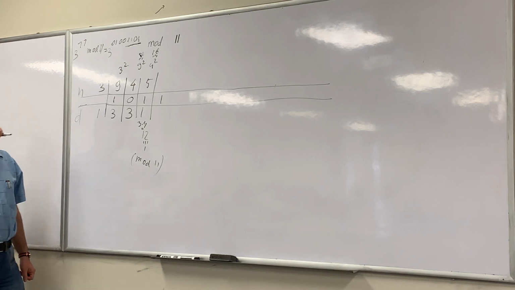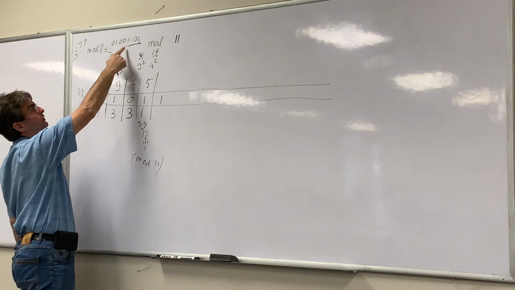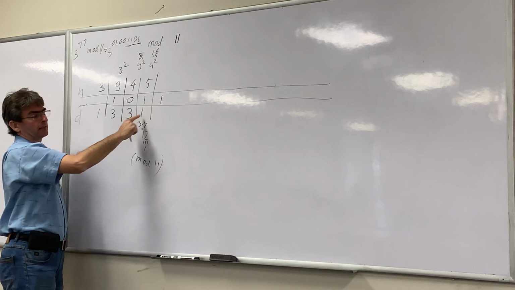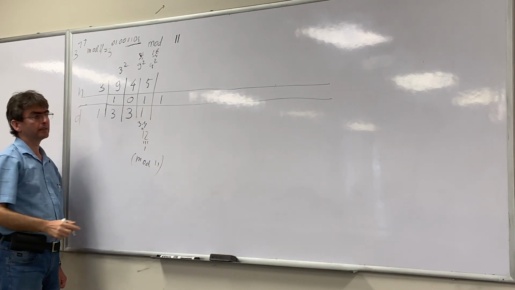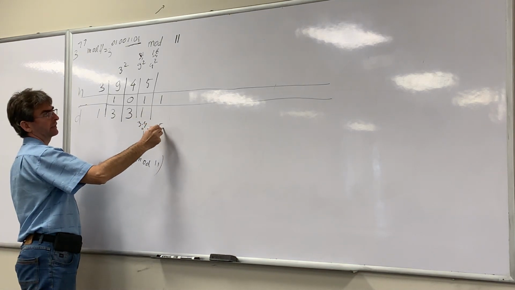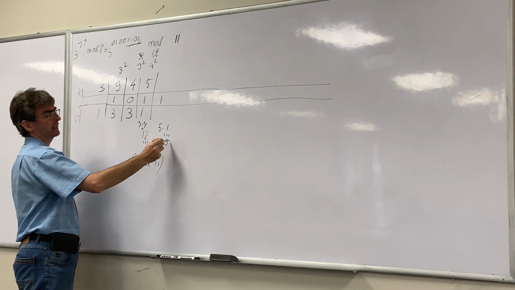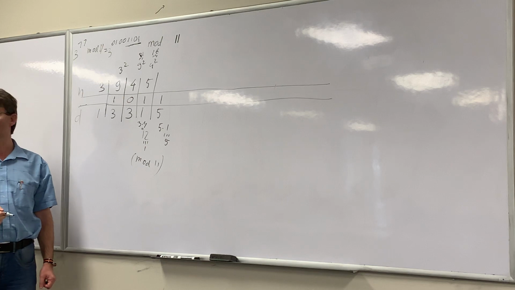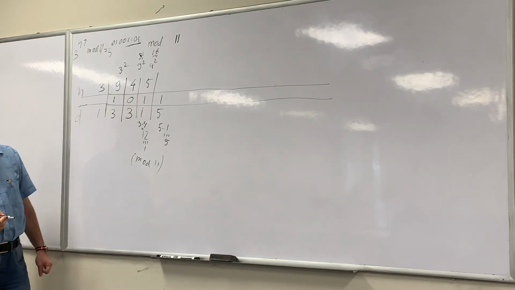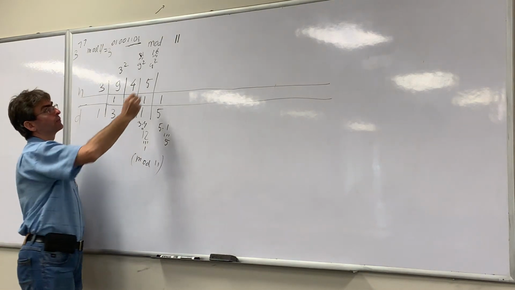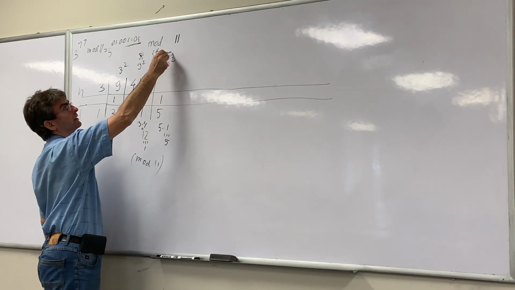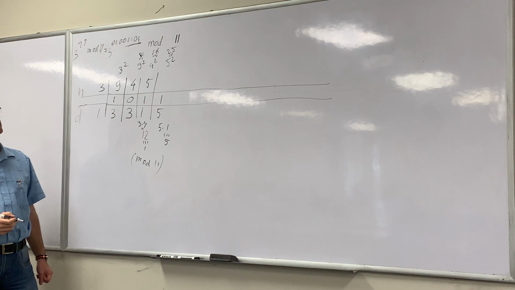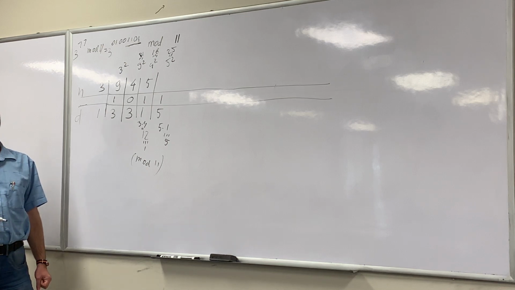Okay. Then, because we got one more 1 over there, this 5 is aggregated into the current result. So you get here 5 times 1 equals 5. And we prepare our 5 for the next computation by computing 5 squared equals 25, which mod 11 is equal to 22 plus 3.